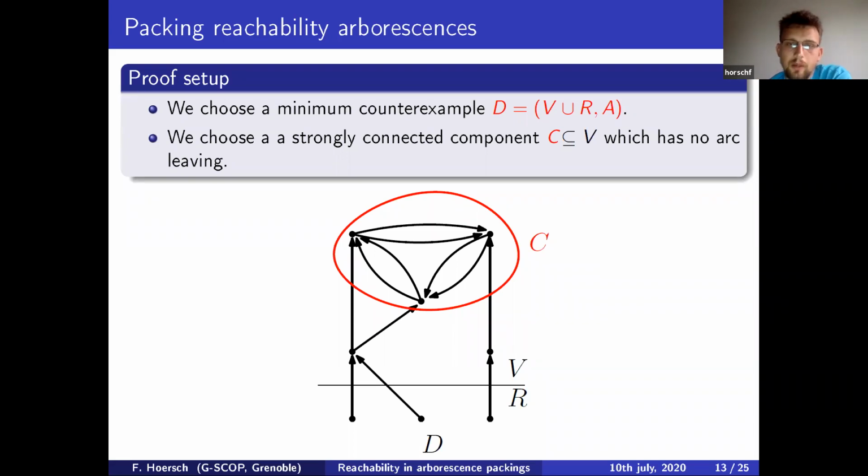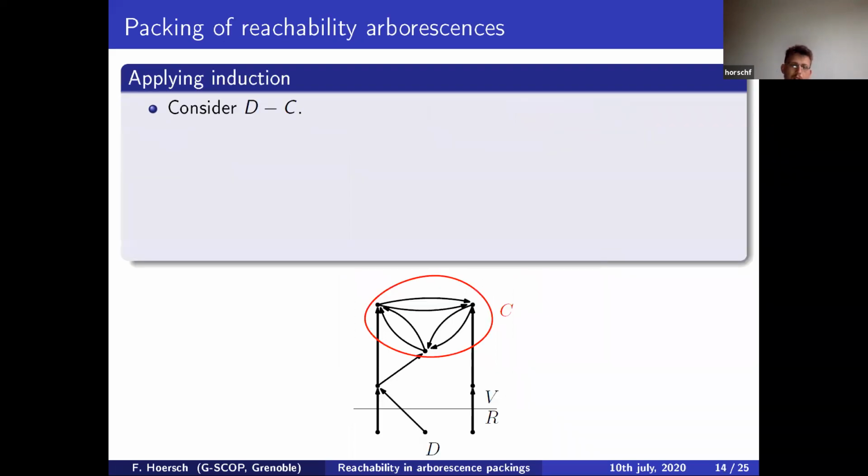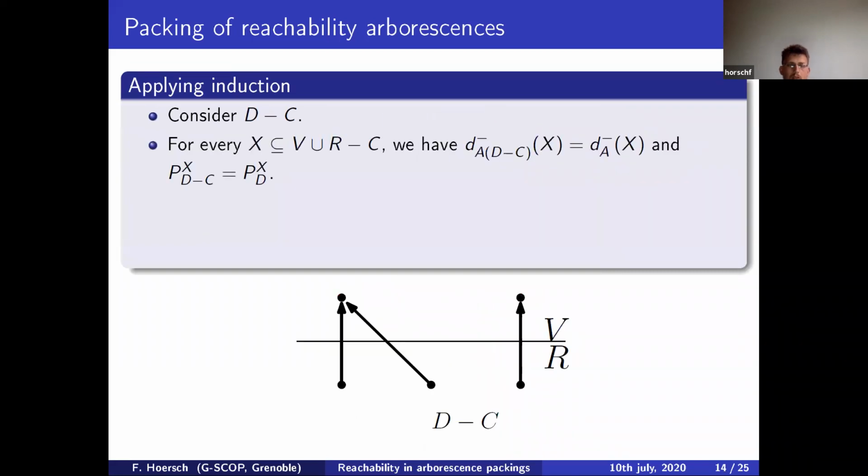So, okay. I want to apply induction, and what I want to do is first take away that strongly connected component. So that's what I'm left with. But what do I know? I can now take an arbitrary vertex set in the graph that's left.